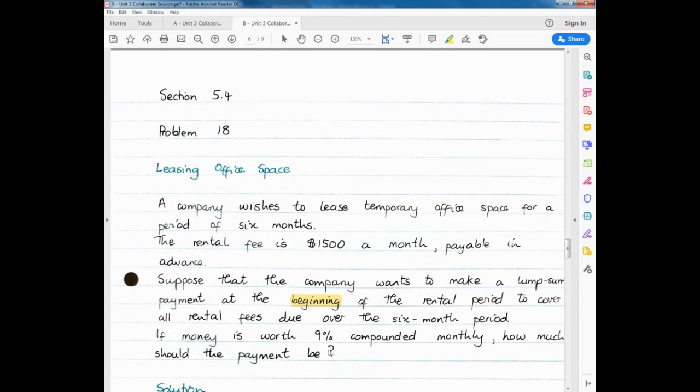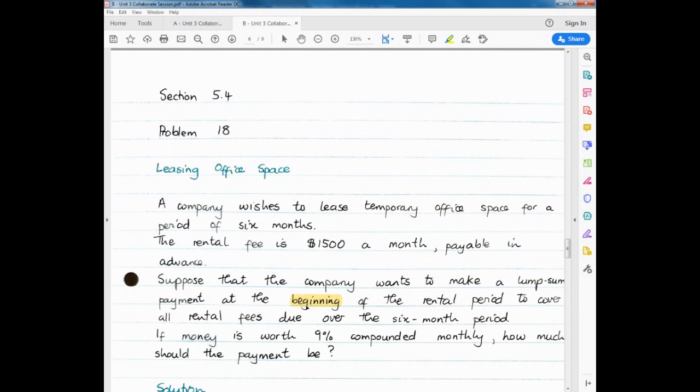So all that they're saying is that this company is supposed to pay $1,500 a month for 6 months. So we have the payment, we have the number of compounding periods, and we've got the interest rate. We just need to find how much they should pay now.